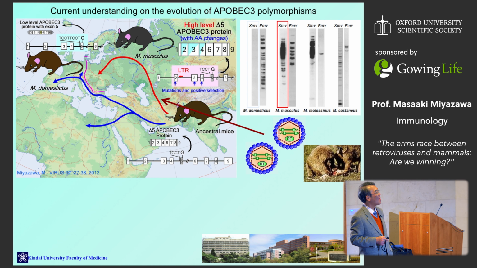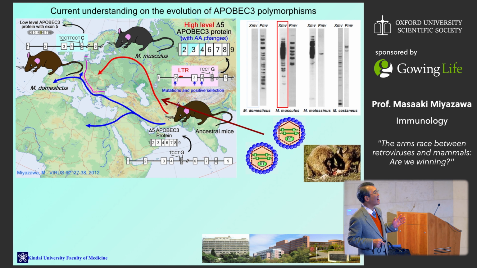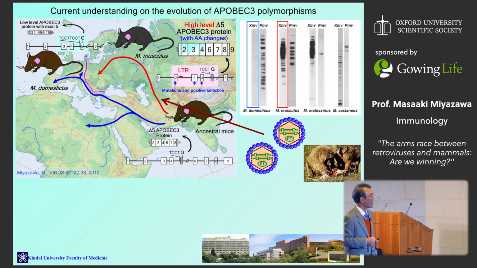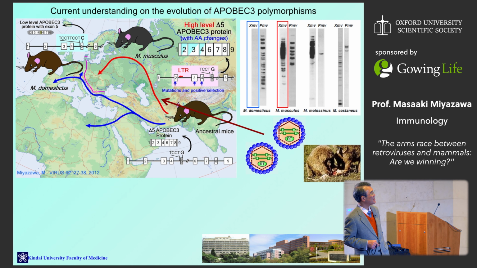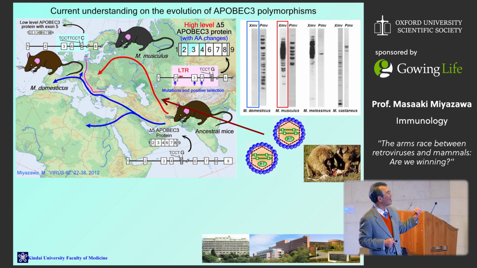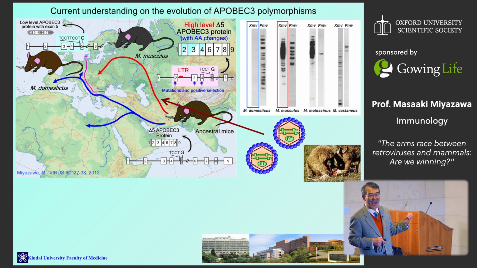But what was the advantage of reducing the expression of ApoBec3? It's known that when ApoBec3 is expressed in a higher amount, it can relocate into nuclei.